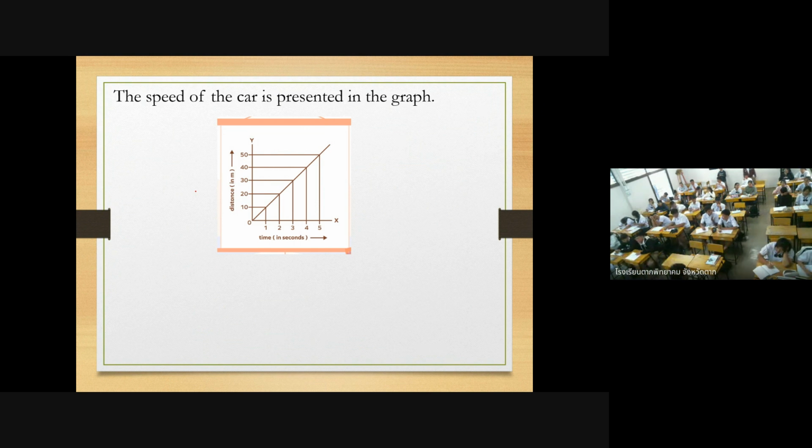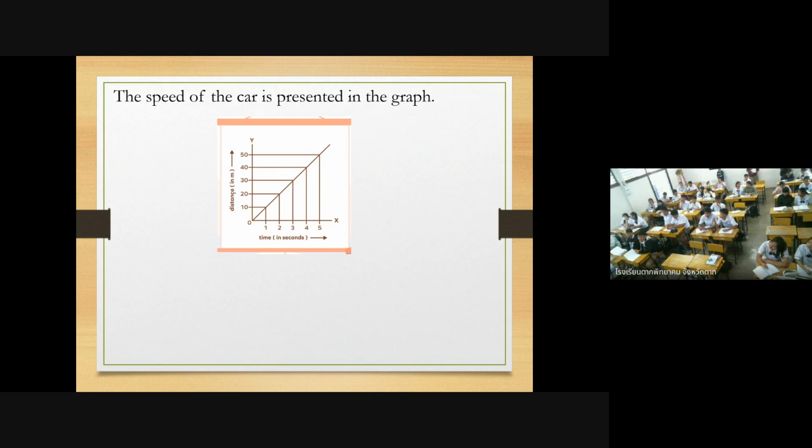In this given, we have the speed of the car presented in this graph. Everyone, what are the variables in this graph? Time and distance, very good.